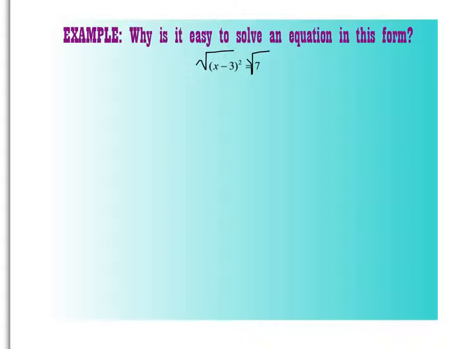So I'll get x minus 3 equals plus or minus the square root of 7. And then to isolate x, I just need to add 3 to both sides. Fairly simple, right? Only 2 steps. So the goal of completing the square is to get every quadratic equation to be one of these easy little 2-step problems.